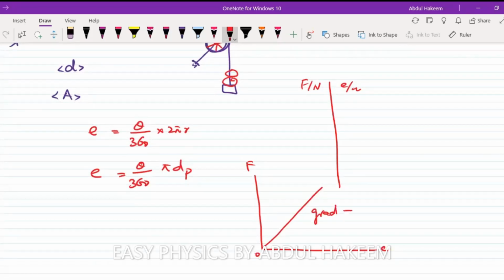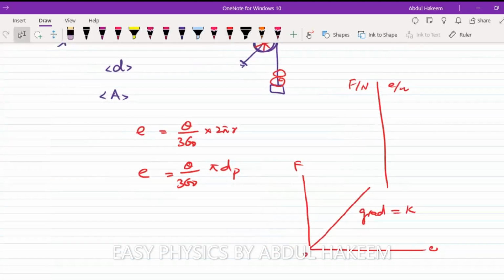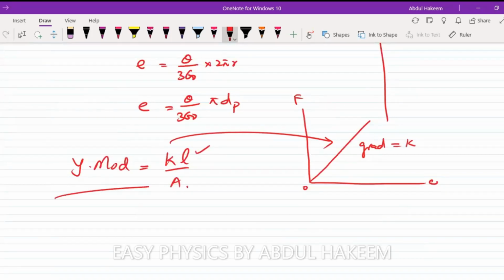Calculate the gradient, which is K, and then use the formula Young modulus equals KL over A, K the gradient from the graph, L the original length, A the cross-sectional area of the wire. So we will determine the Young modulus. This is a very, very important experiment.